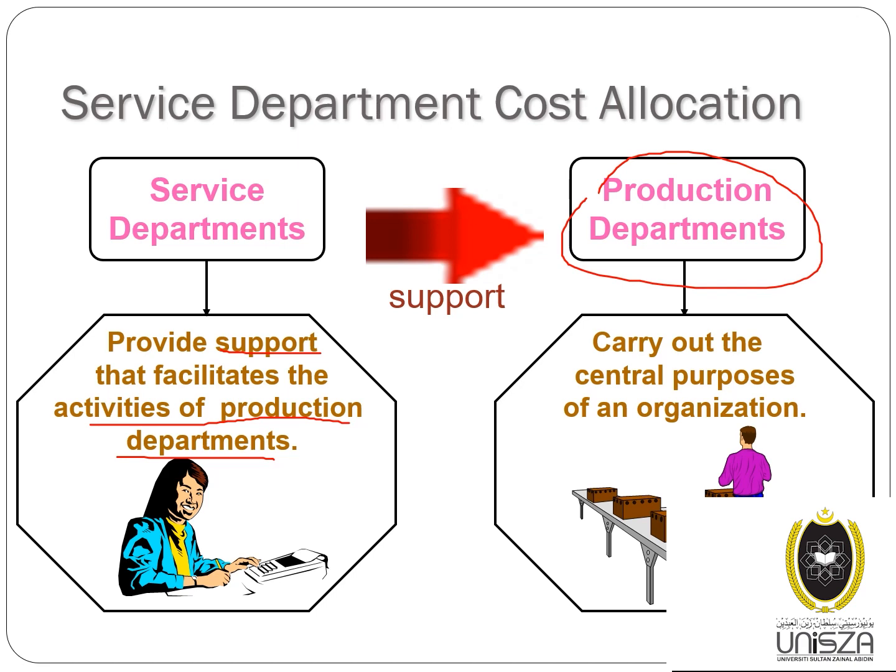So the maintenance department supports the production department by fixing the machine breakdown. The maintenance department is crucial to the production operation, even though the repair personnel do not work directly on the products. That's how the service department supports the production department.